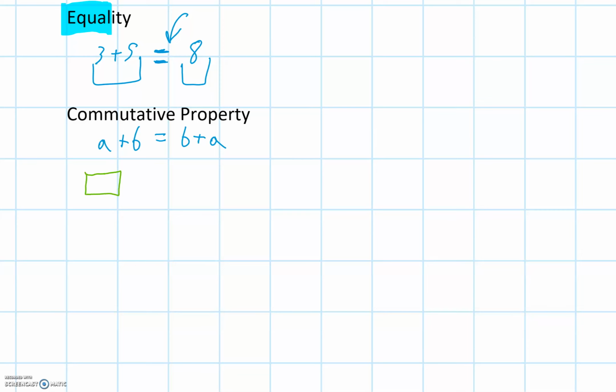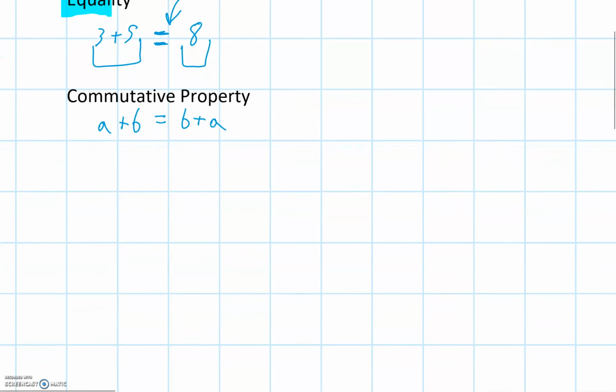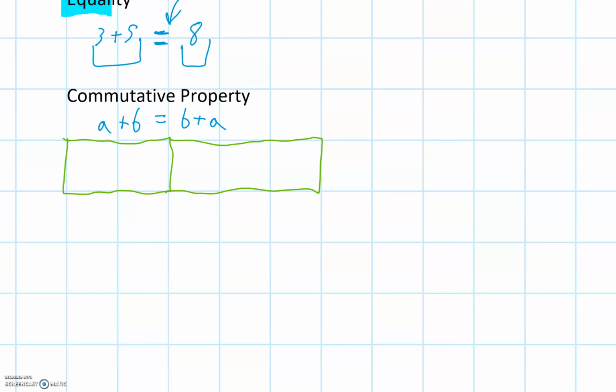Maybe let's use the squares that we actually have. If A is 2 squares long, and B is 3 squares long, well, this represents A plus B. If we flip them around, then we have 3 squares long, and then 2 squares long. Well, this is B plus A.